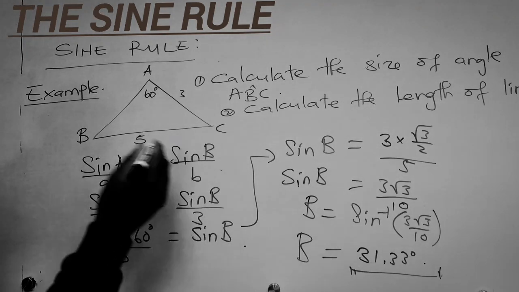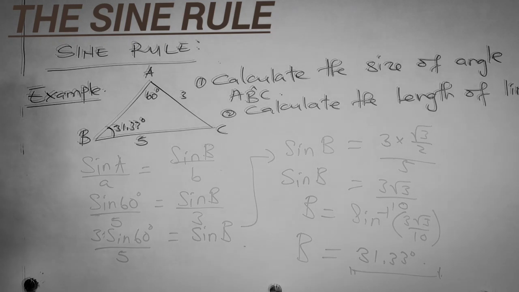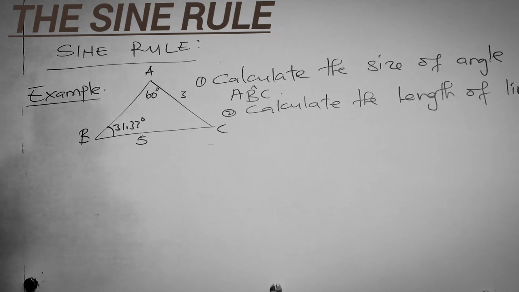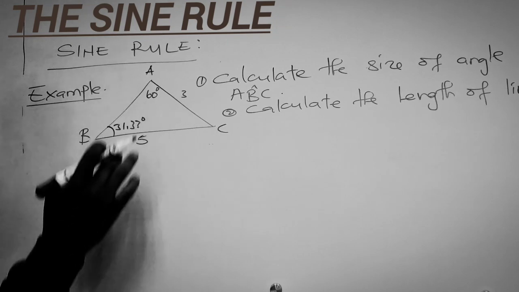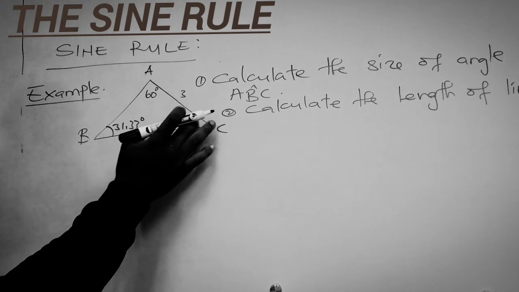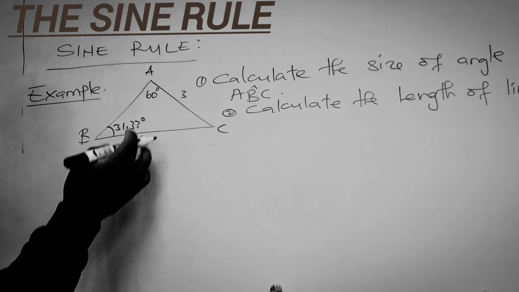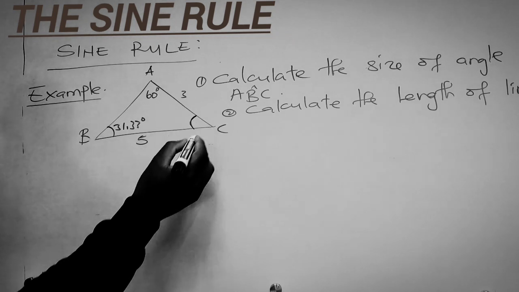So this is our angle B. Now let's calculate the length of line AB. We use our sine rule, but we need its corresponding angle. We can calculate it easily because we have two interior angles, so we can find the last one.